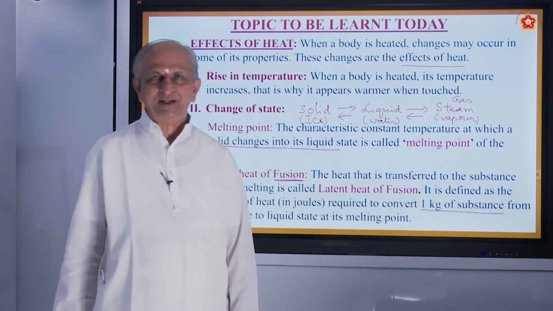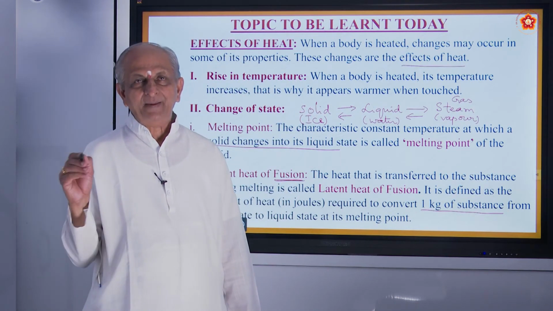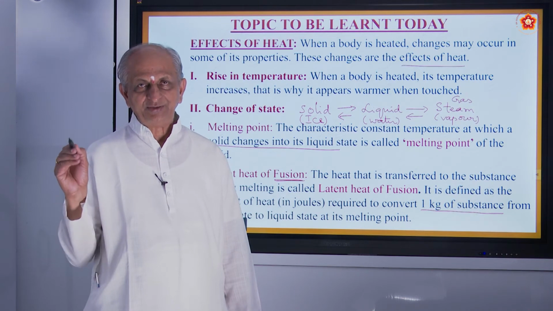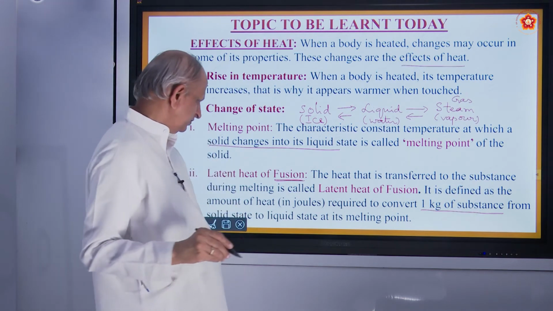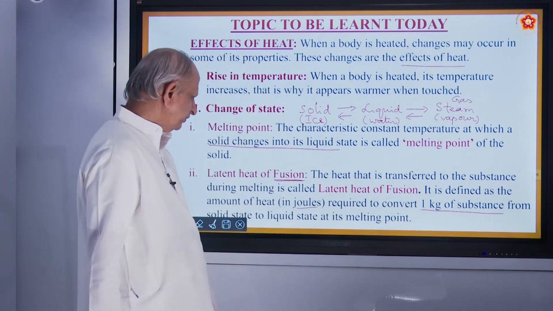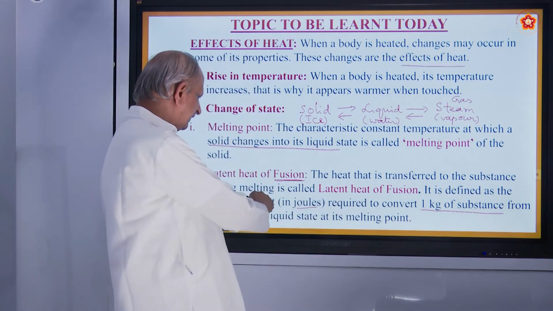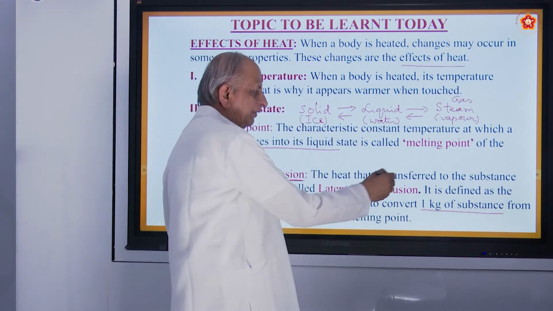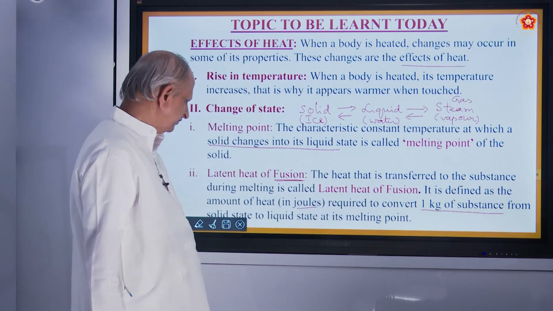Why must you take 1 kg? Because it is an MKS unit, or it is also called SI, System International. So it is measured in joules. So the amount of energy required, heat means energy, to convert 1 kilogram of the substance.